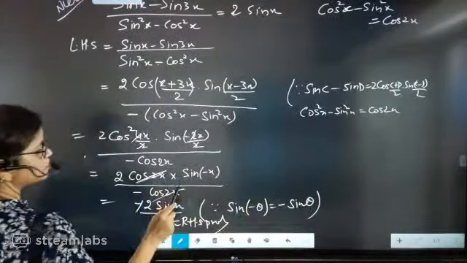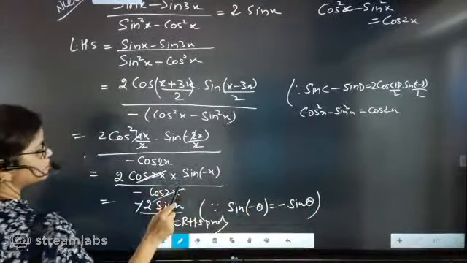But here what is given? Tan 4x. Okay. Now what we are going to do here beta, first we will write the LHS. In the LHS section, we will be taking tan 4x.